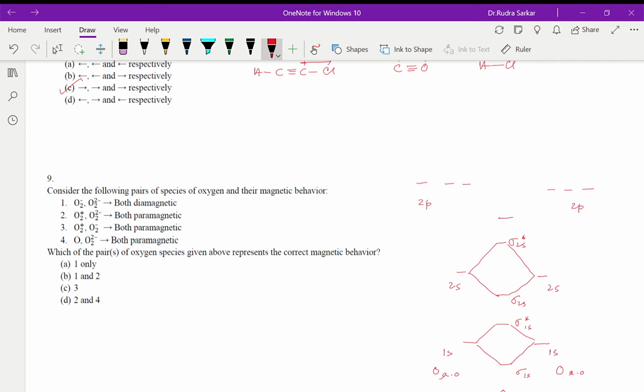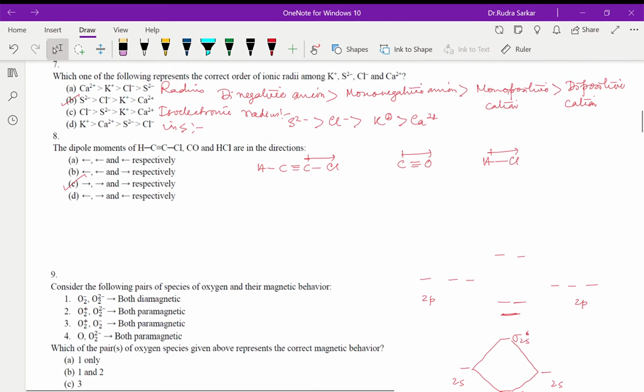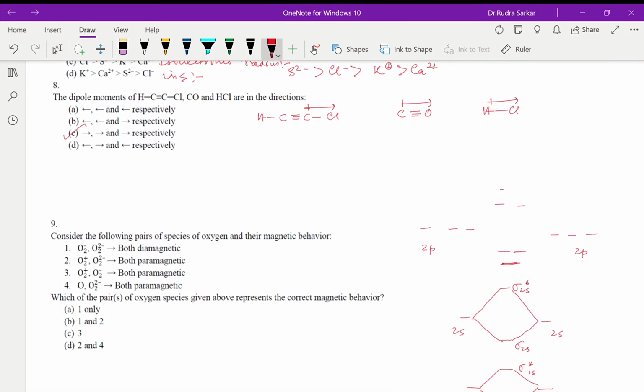So we have this, followed by that one, then that one, and then we have that. We will say the lower ones are the bonding MOs, and the MOs above the atomic orbitals are the anti-bonding MOs.